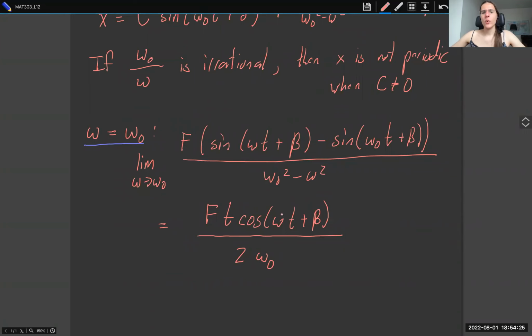So it's going to be the limit as omega goes to omega naught. Let's write it like this. And then when I'm taking the derivative of this with respect to omega, it's going to be negative 2 omega. And then I can evaluate this by setting omega equal to omega naught. So then that's going to be negative f over 2 omega naught t cosine omega naught t plus beta.